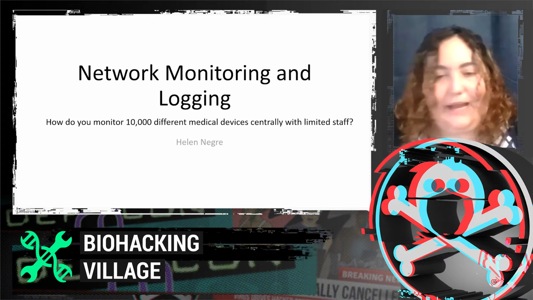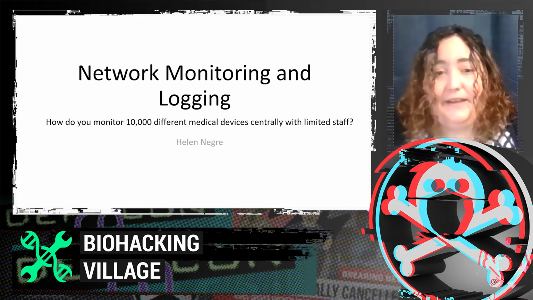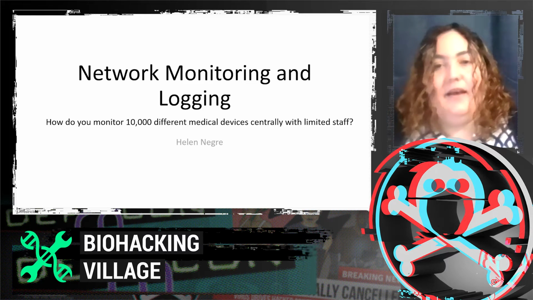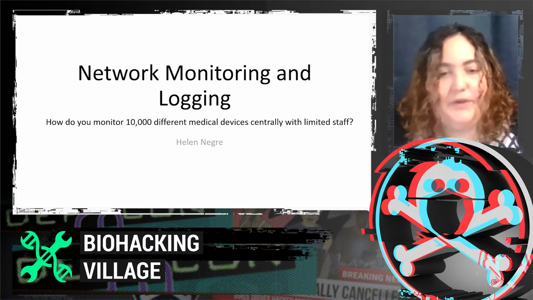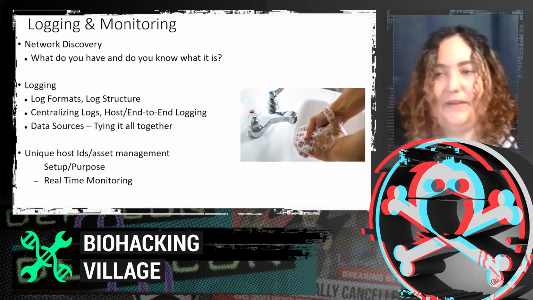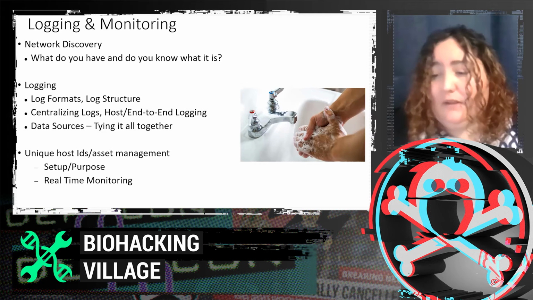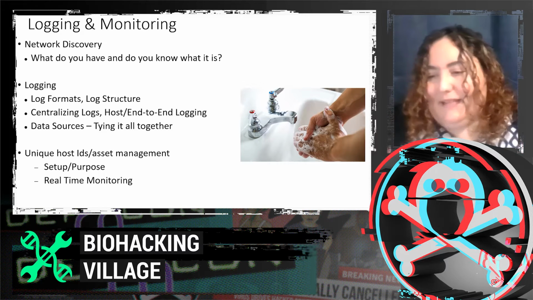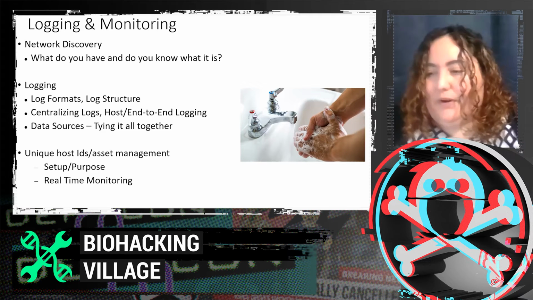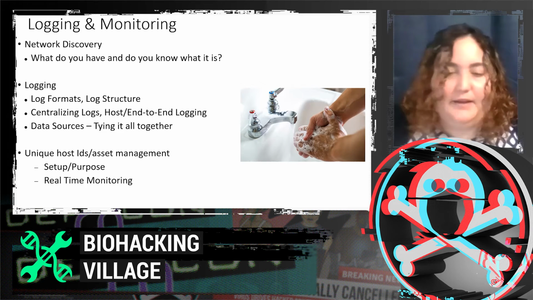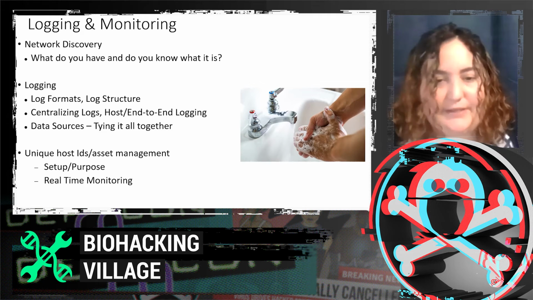Obviously, we don't have the resources to go and look at every device. So you need to have a smart approach to this. We're going to touch on network discovery, logging, and setting up a strategy for asset management and real-time monitoring.